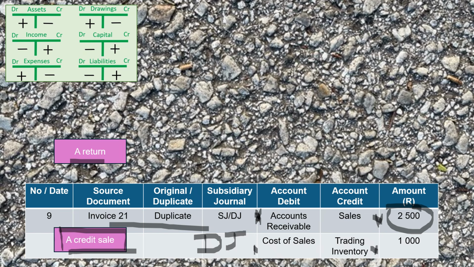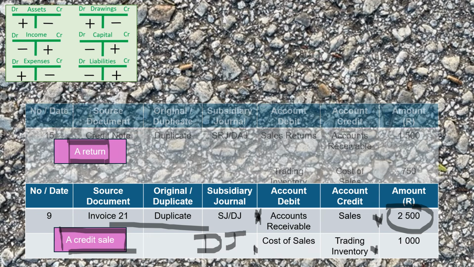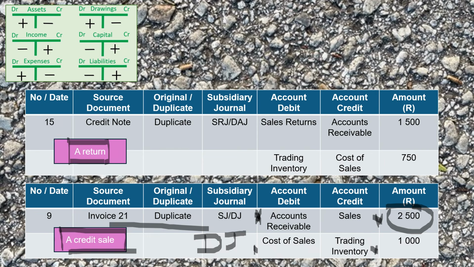Now we're looking at the return. The school sent a debit note. We agreed to their claim for goods that didn't comply with the order, and we sent a credit note. We sent them the original, and we were left with the duplicate, and we recorded.